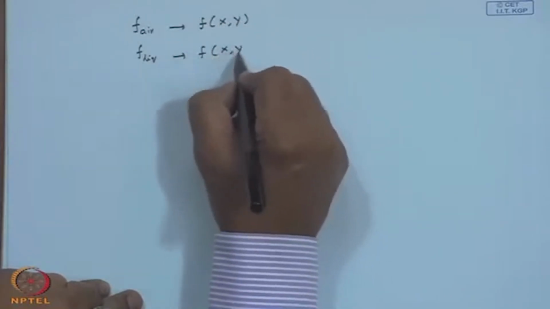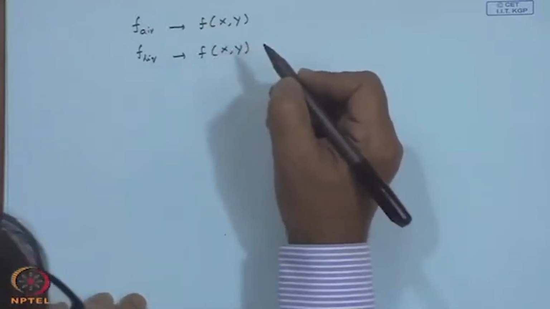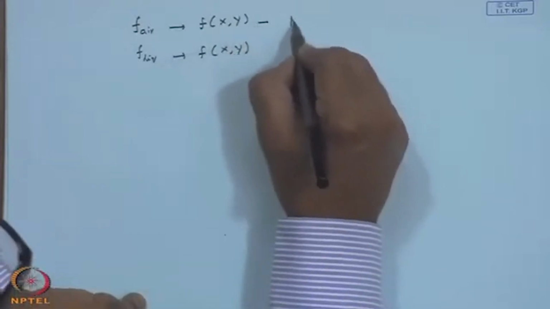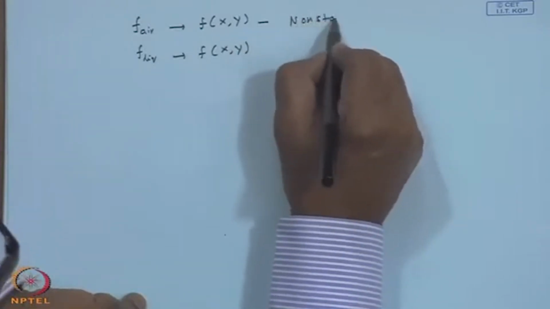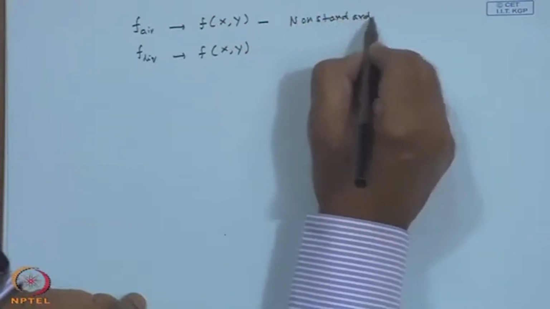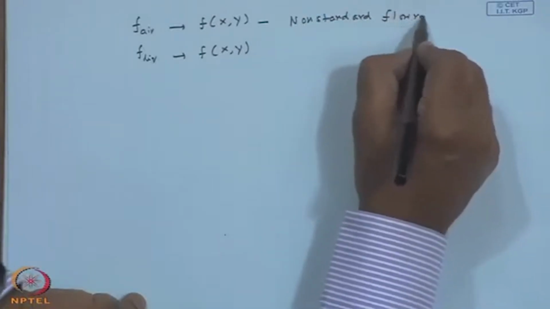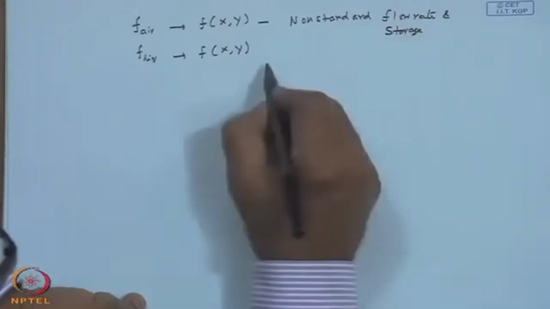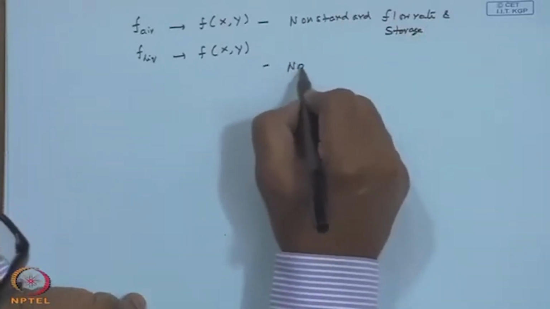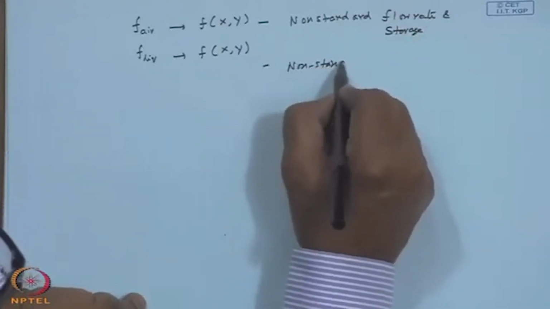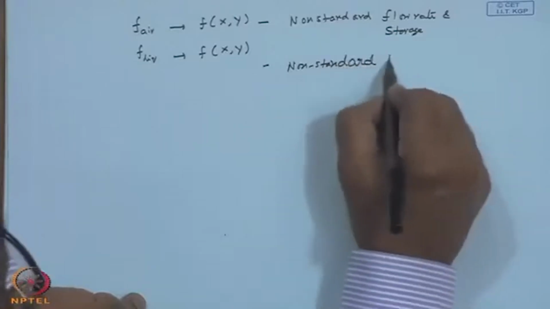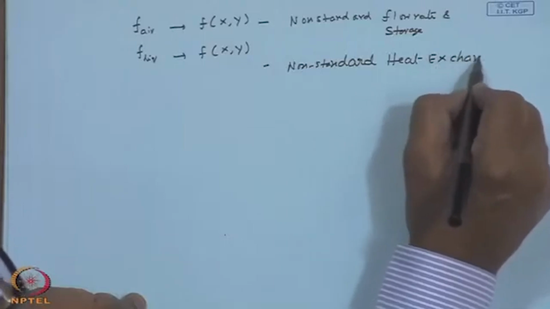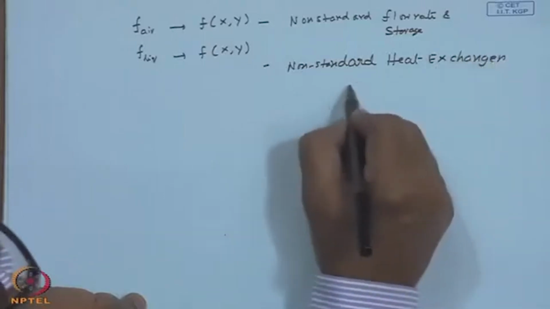These f's may be different, but it is only a functional notation, and if this is corrected for non-standard flow rate and storage, this is corrected for non-standard heat exchanger and storage.